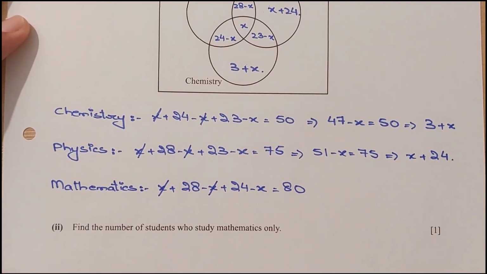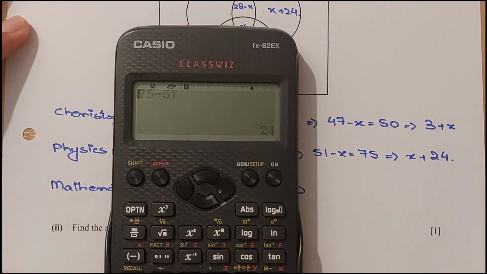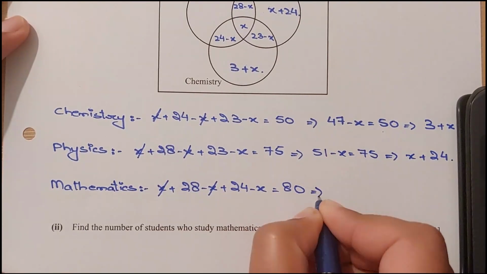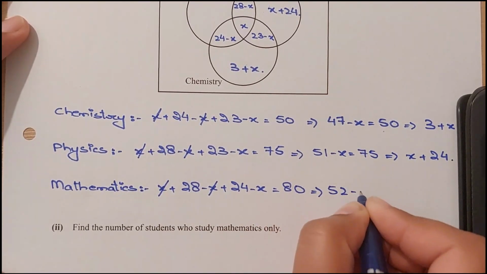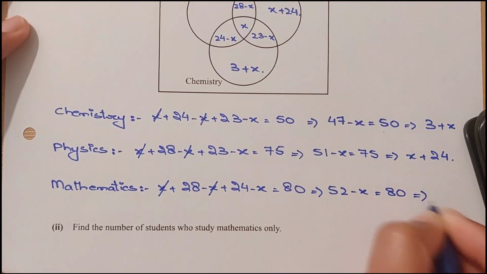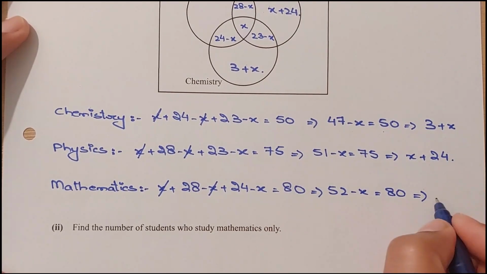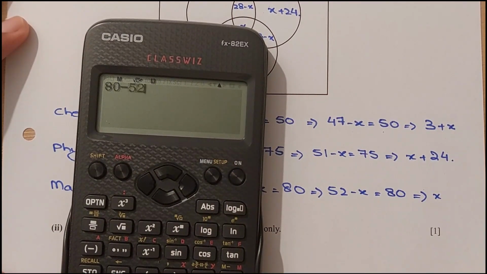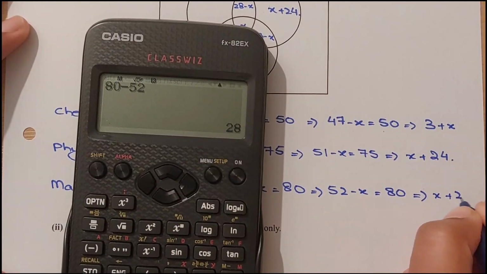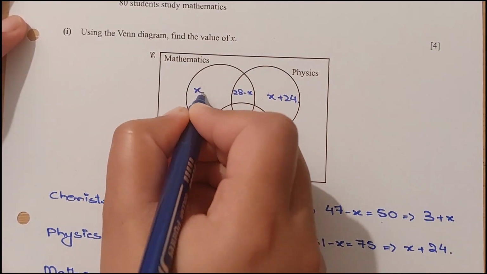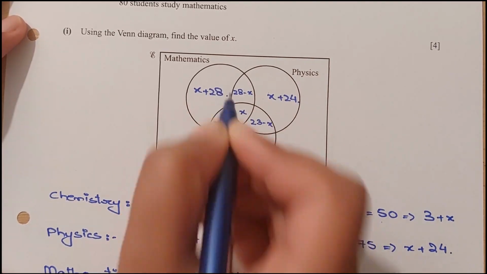Positive X and negative X cancel. 28 plus 24 is 52, so 52 minus X equals 80. Shifting all the terms to the right side, we have X and 80 minus 52, which is 28. So this is X plus 28.